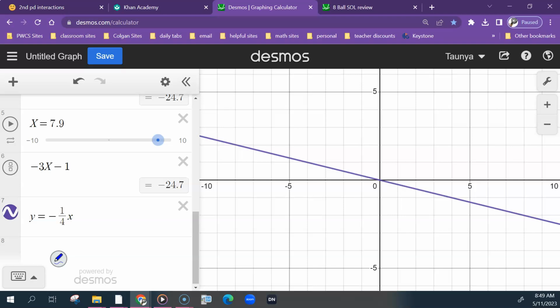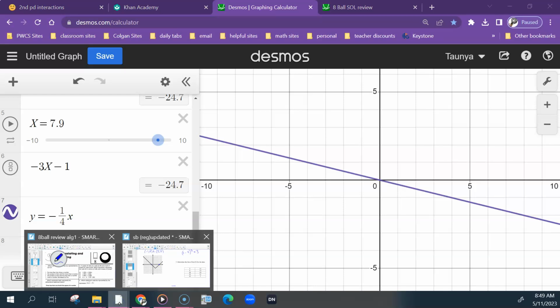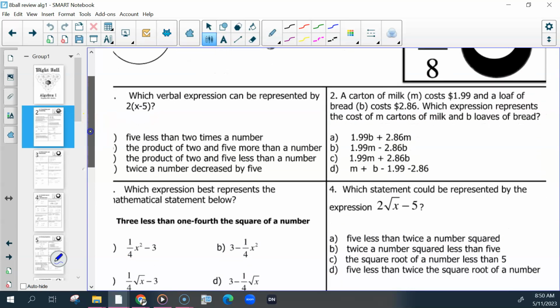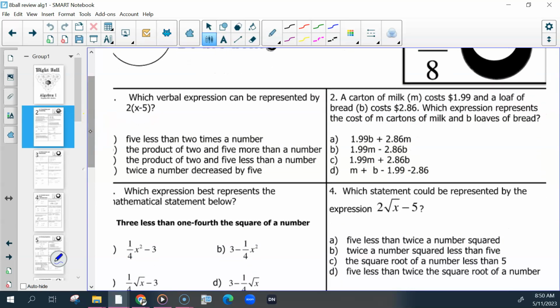Right, we're going to go through the first 2 pages. Any questions you have, any answers you were confused about, how you would do any of those in Desmos. On the 8-ball page. So starting with the first page, were there any that we wanted to go over, had questions about?